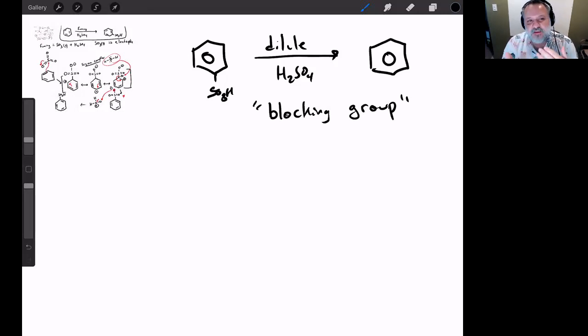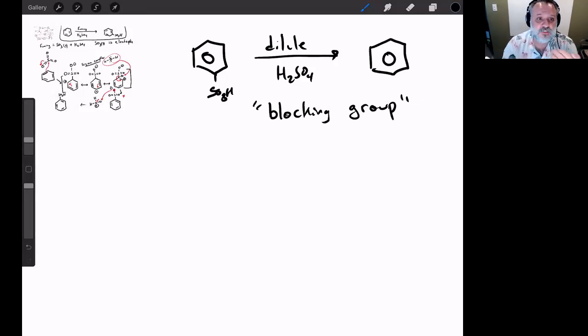So this is analogous to alcohol protection when it came to Grignard reagents, but instead it's not protecting a functional group, it's installing a functional group in a location to prevent other groups from being installed there as well. So this is why we call it a blocking group. Sulfonation is particularly good for this because it's reversible.